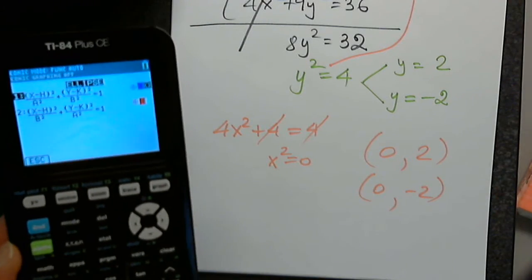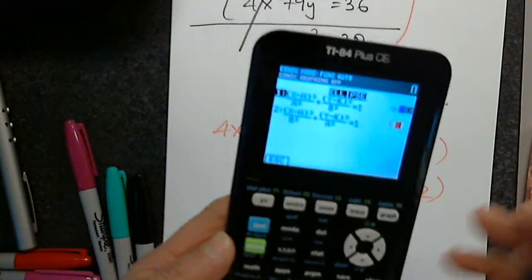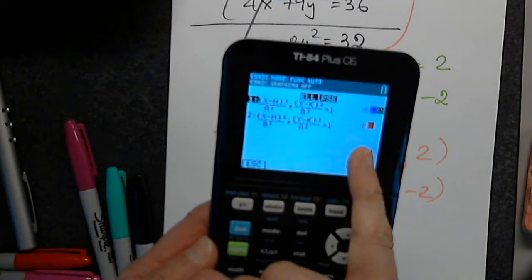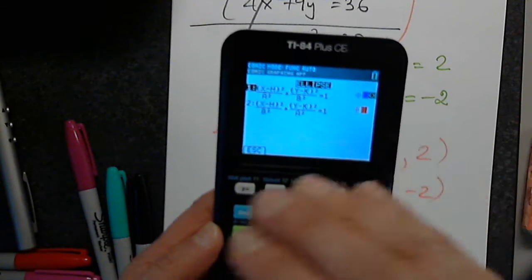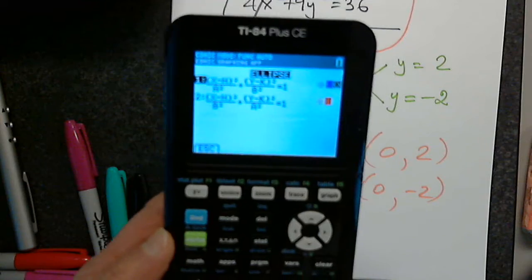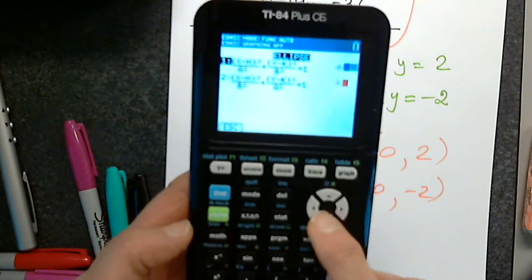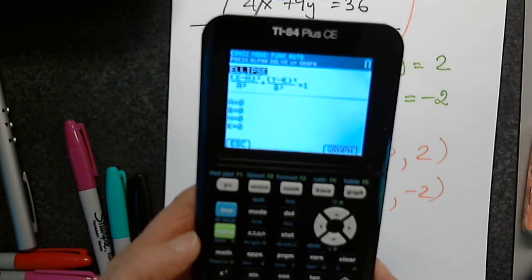Like x squared over 9 plus y squared over 16. Do you want to graph one on the x-axis or on the y-axis? The red one is on the y-axis and the blue one is on the x-axis. Which one would you like to graph? Blue's fine. Okay, the first one.